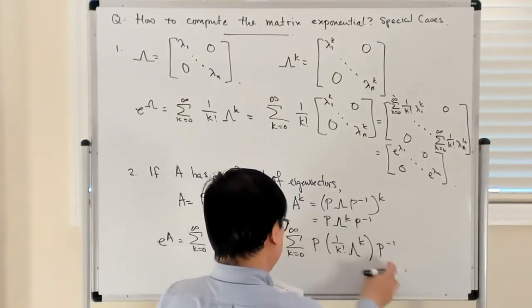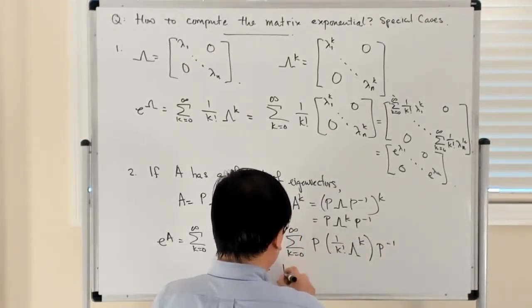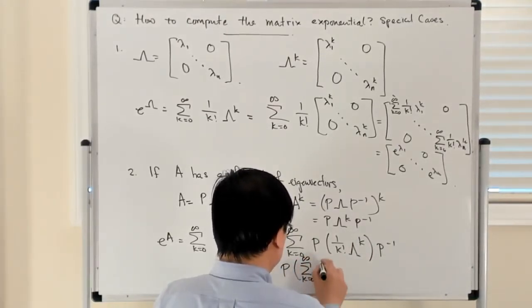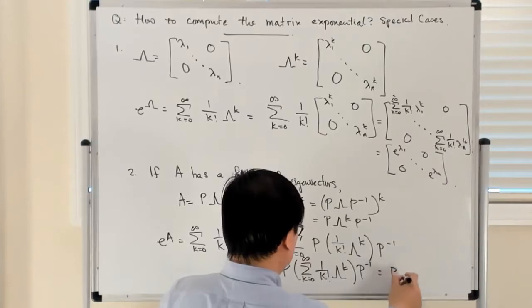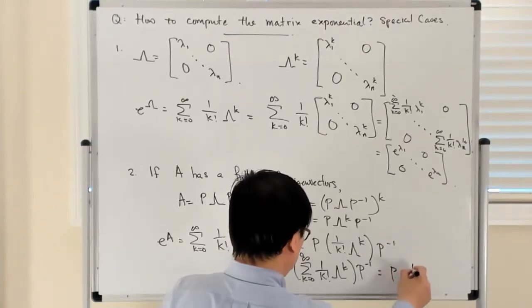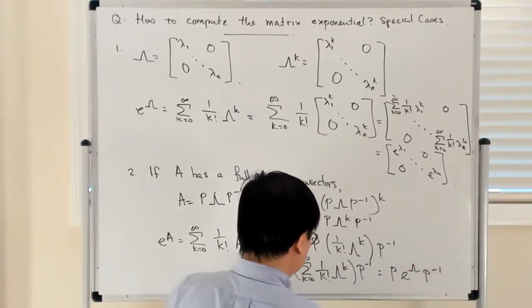I'm going to take the P and P inverse outside of the sum, so this is just P times the sum from k equals 0 to infinity of 1 over k factorial lambda to the k, times P inverse, and this is of course just P e to the lambda P inverse.